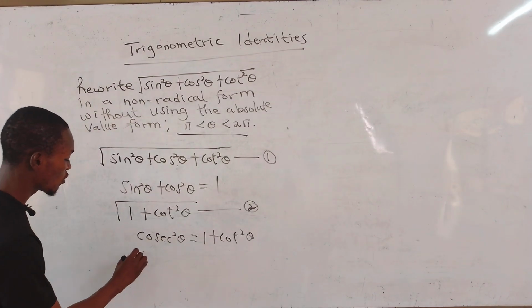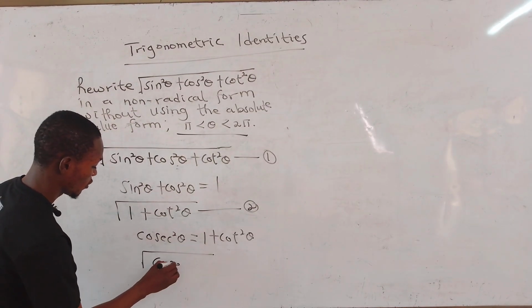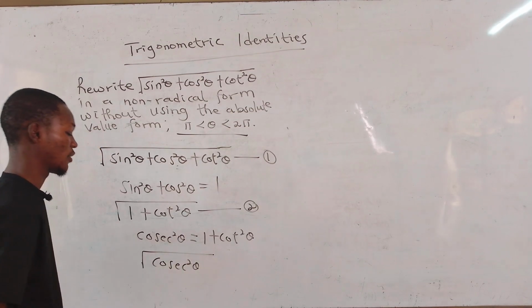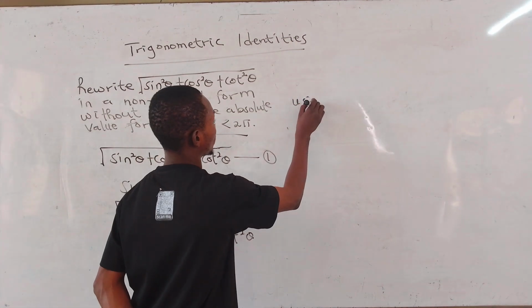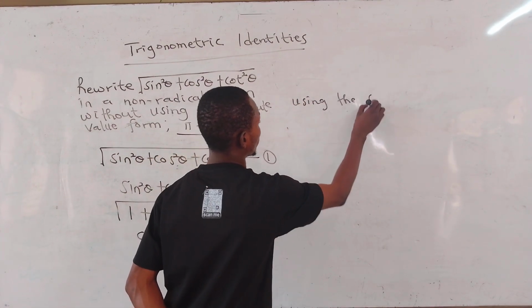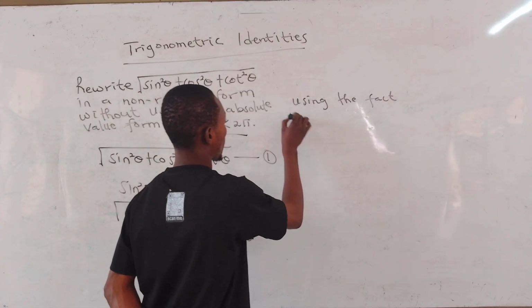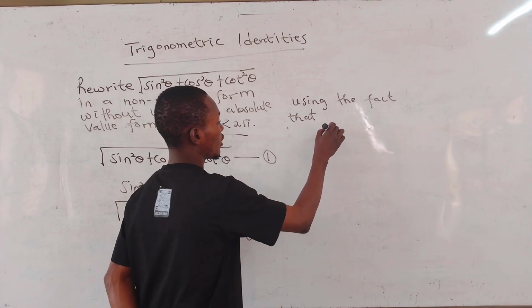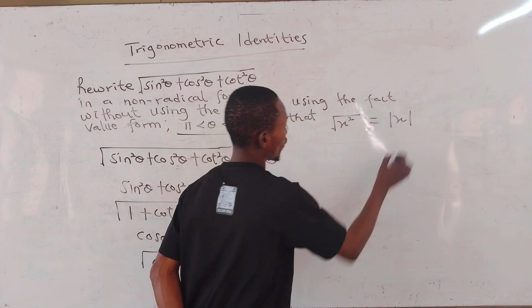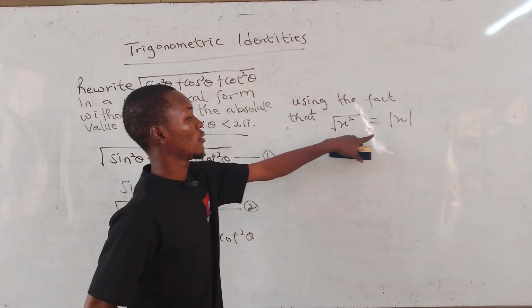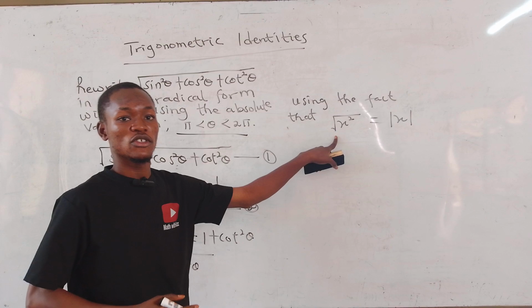This means that in place of 1 plus cot squared theta, I'm going to replace it by cosec squared theta. So we have the square root of cosec squared theta. Now, using the fact that the square root of x squared is equal to the absolute value of x, this is the fact we are going to use.